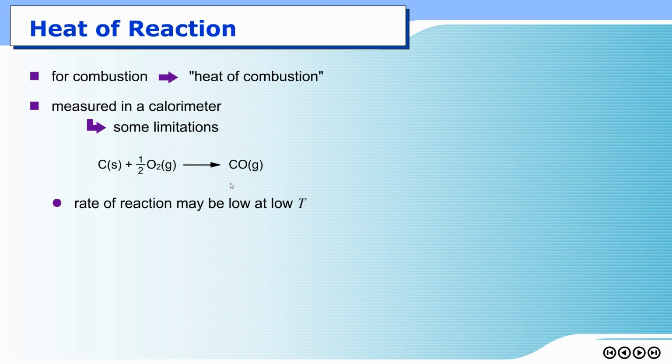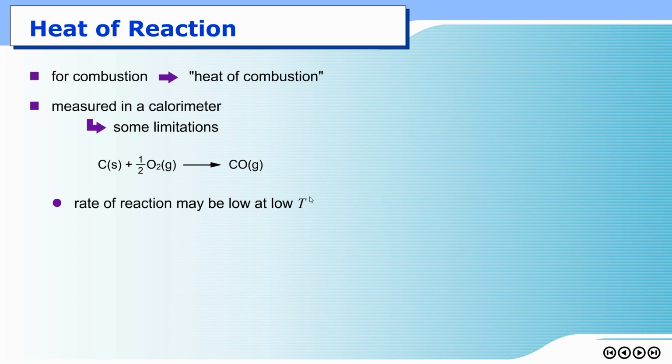The answer is that sometimes it would be very hard, especially if the reaction is at low temperature. Just imagine a piece of charcoal together with oxygen in air at room temperature. No matter how much you try to ignite the charcoal, it may not get burned, because the temperature is very low and the rate of reaction at low temperature is normally low.